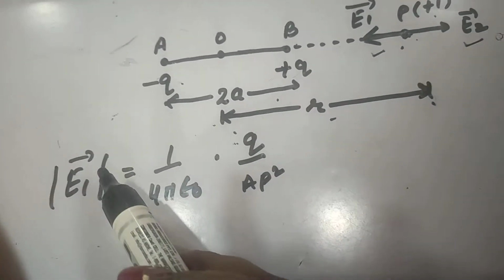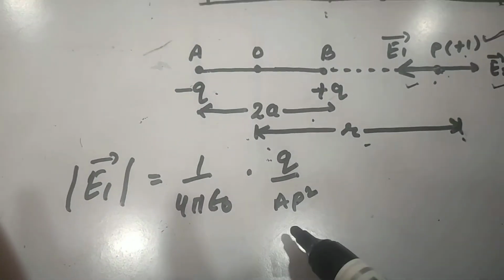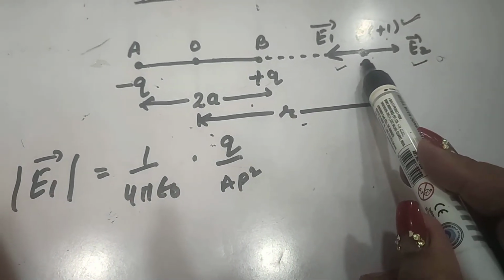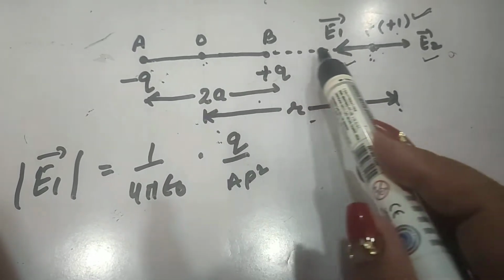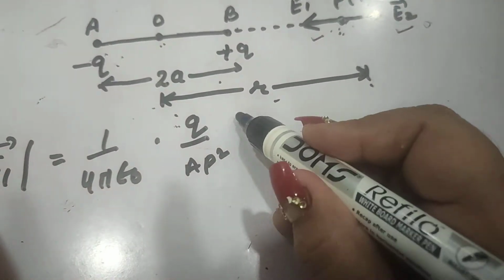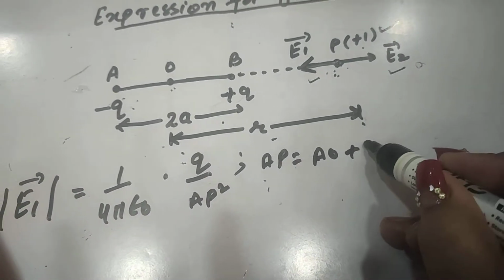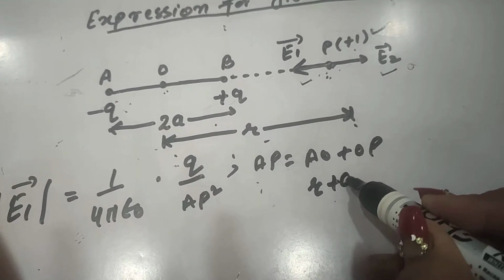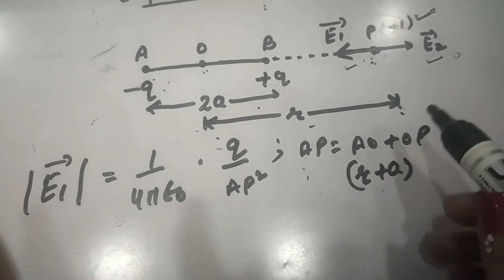Keep in mind, since we are talking about magnitude, we will not put a negative sign. AP can be written as AO plus OP, where OP is r and AO is a. So AP is equal to r plus a.